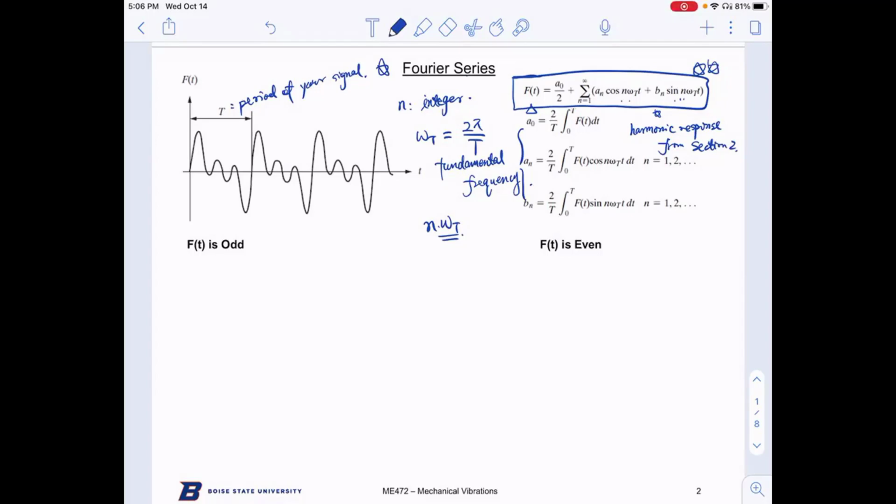So one way to do it is, if it's an odd function, that means, okay, I think I should ask a question here. Do you know what an odd function is? So what is an odd function?